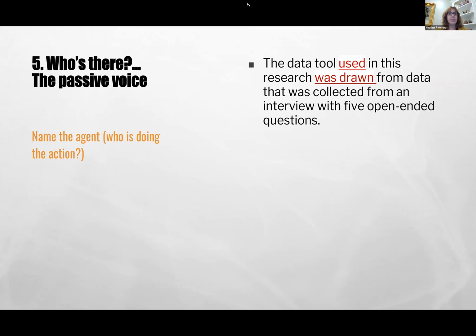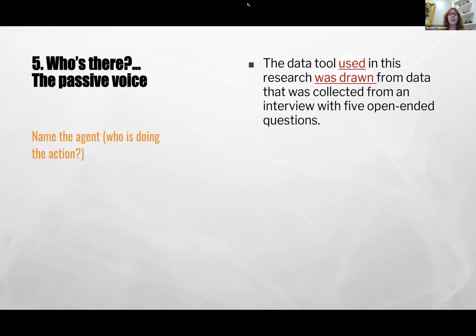So here's an example, and these are all real examples. The data tool used in this research was drawn from data that was collected from an interview with 5 open-ended questions. Now, for somebody who hasn't studied writing, I don't expect them to look at the sentence and know how to fix it. But I would expect most people to read that sentence a couple of times to try to figure out what's going on. And you want to do your reader a favor. You want to make the reading flow and be easy reading, you know?